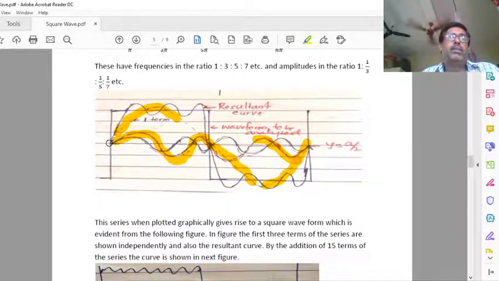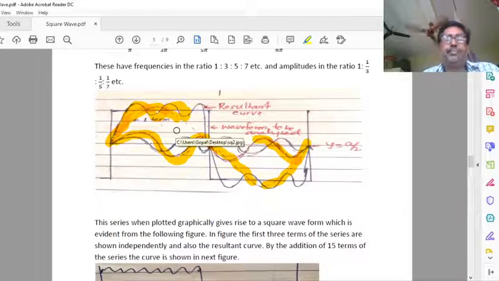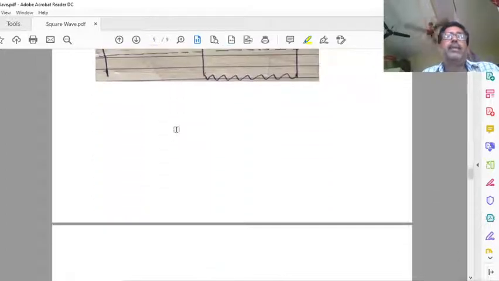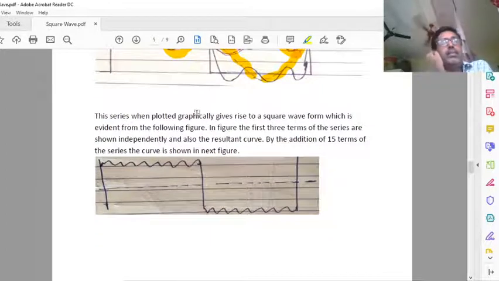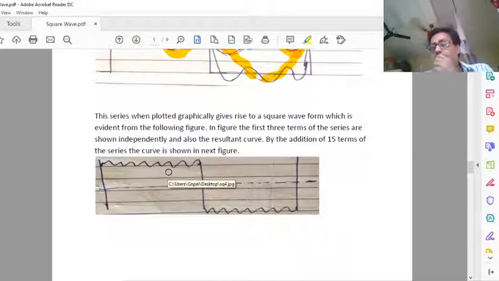And this one is the resultant curve. And this is for one term, two terms, three terms, and this is 15 terms.